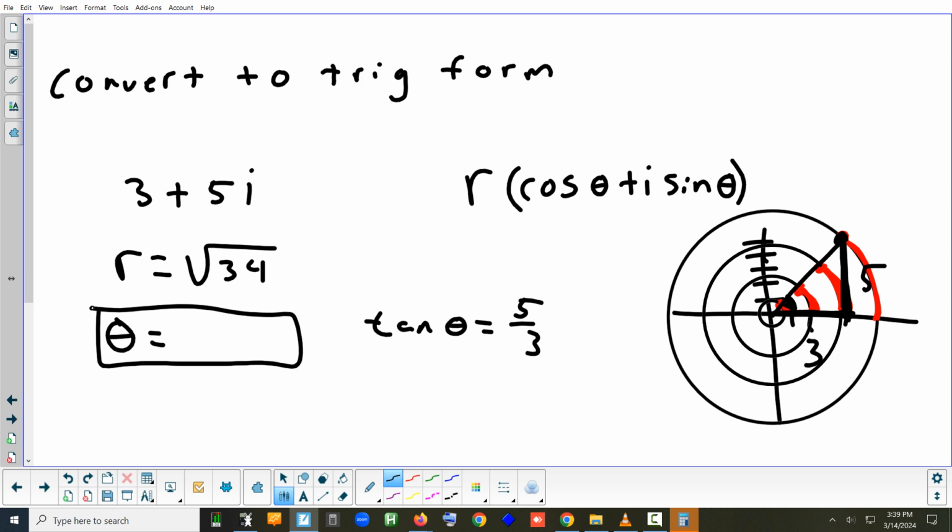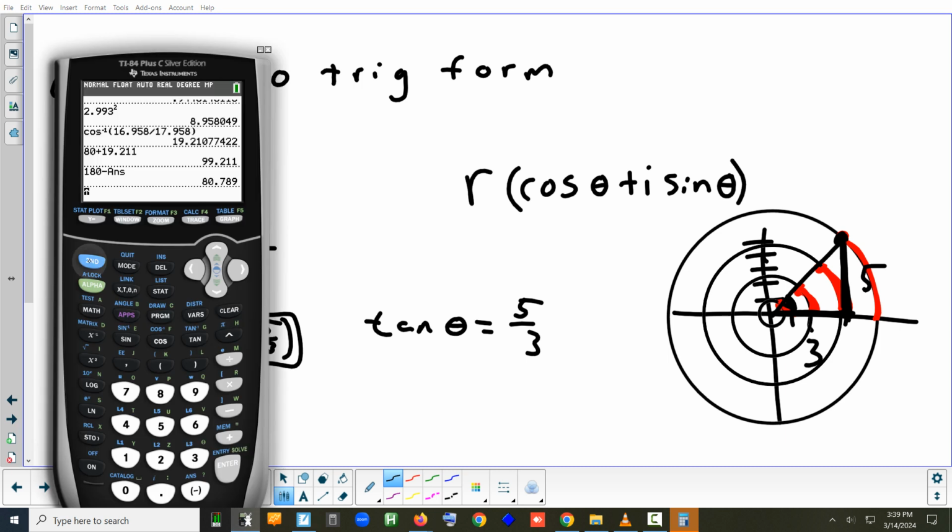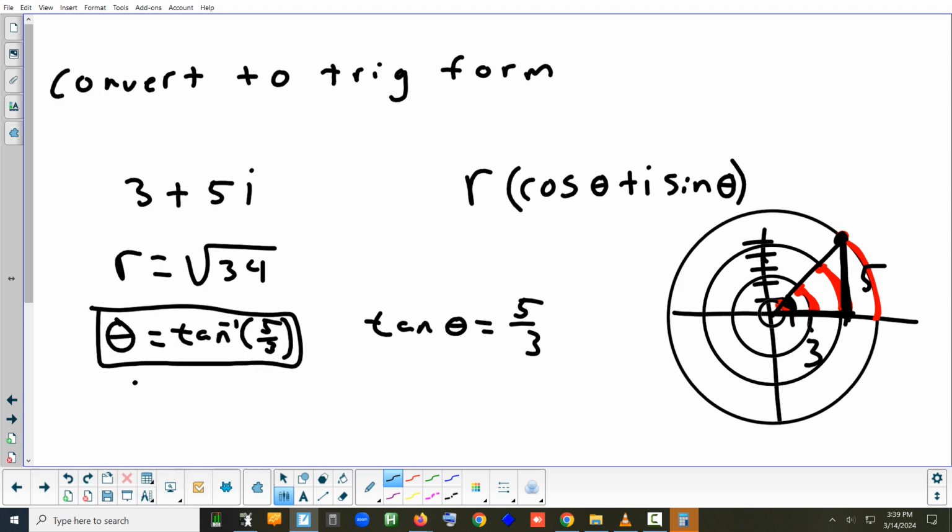Inverse tangent. Yes, you have to take the inverse tangent of each side. So inverse tangent of 5/3 gives us an angle of 59.036. Okay, so there's our angle.